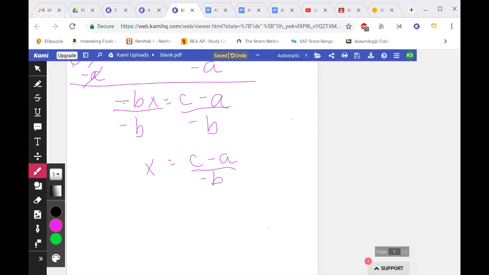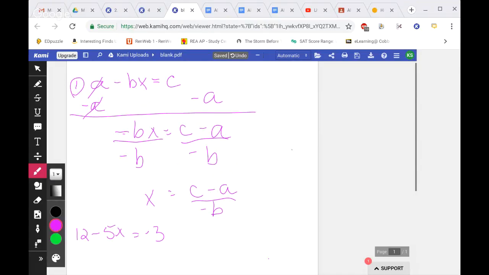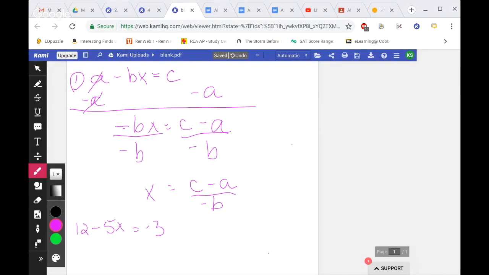So if you look at this equation, which is 12 minus 5x equals -3, and you look at our equation up above, we're supposed to use the newly written one.